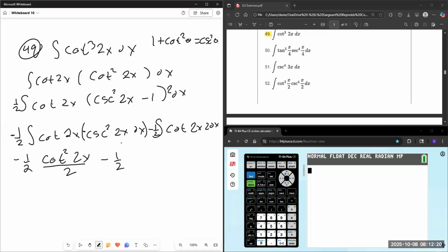And then the integral of cotangent u du is going to be a negative ln of cosecant u plus cotangent u. I'll say cosecant plus cotangent plus c.